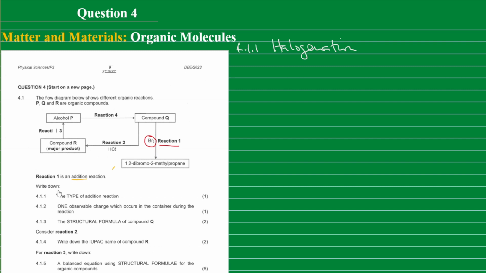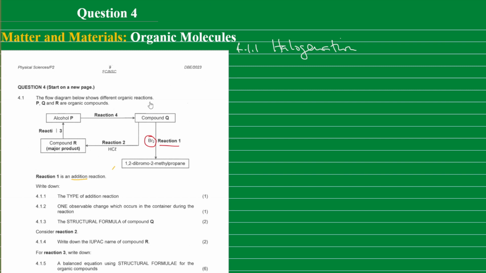4.1.2, write down the one observable change which occurs in the container during the reaction. So one observable change that we'll find here: we are reacting bromine with an alkene. How do I know that this is an alkene?